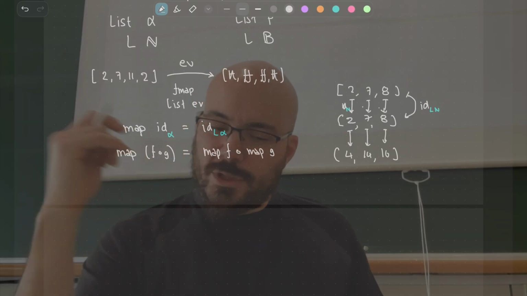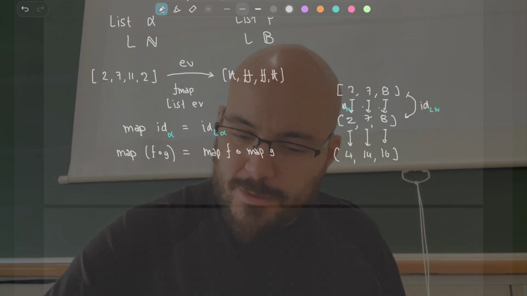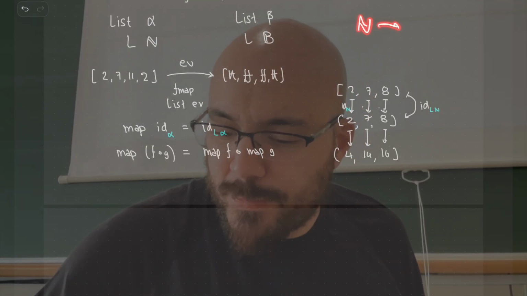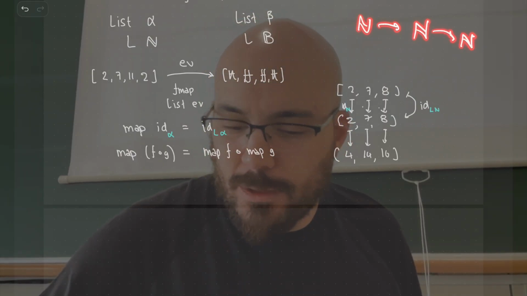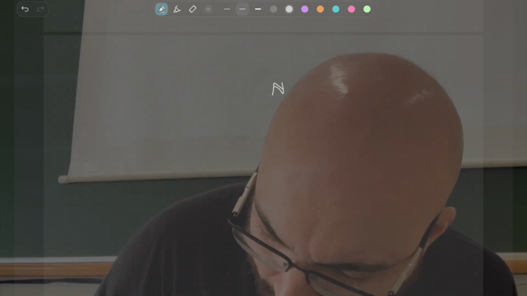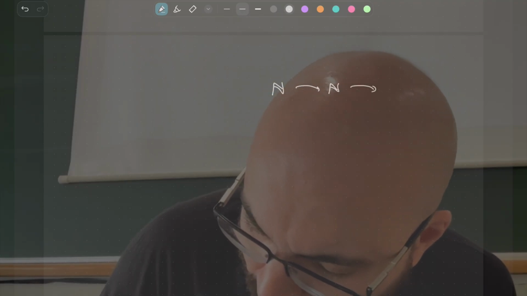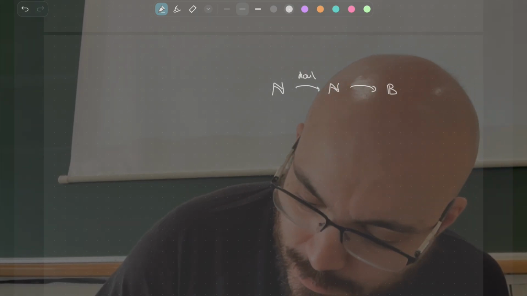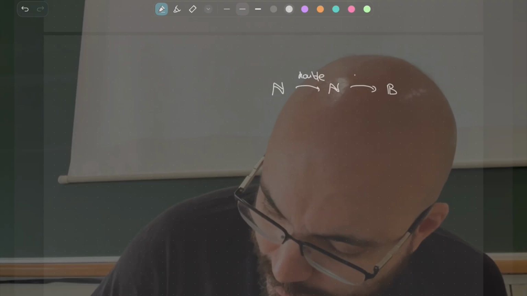No, it's not a composition of compositions. I think this is a good picture here. If you are in the natural numbers and you consider this diagram, let's say here, right? Okay, I should write it down. Let's say from natural numbers to natural numbers and then to, okay, booleans. So the first one is like double, and the next one is like even.